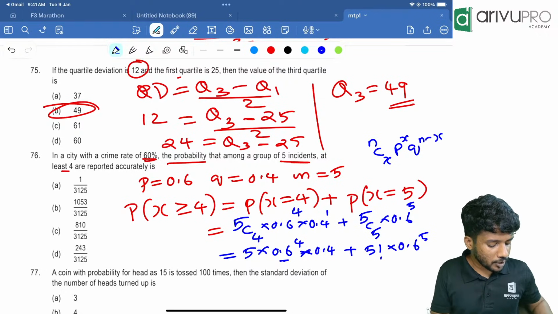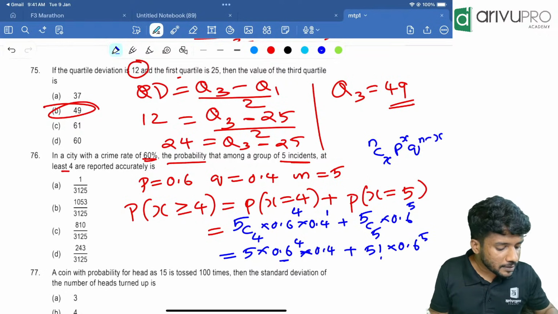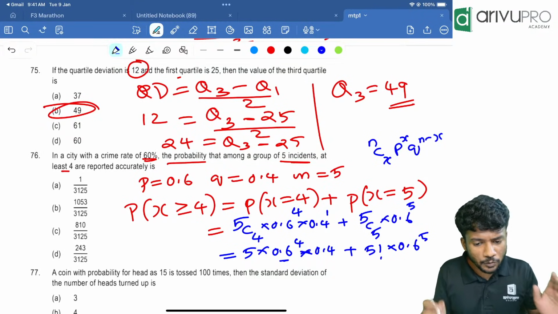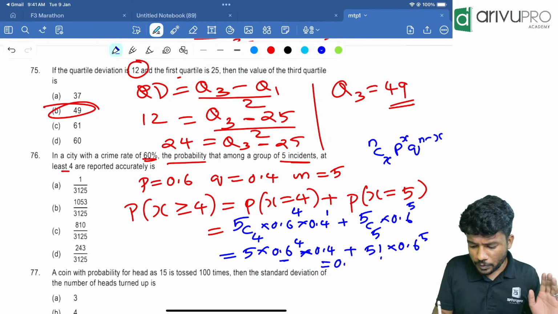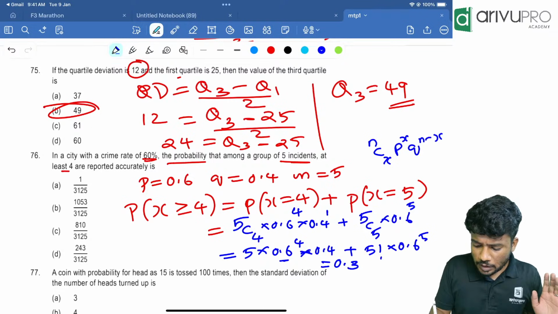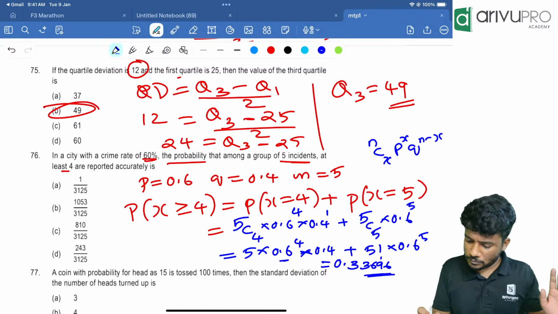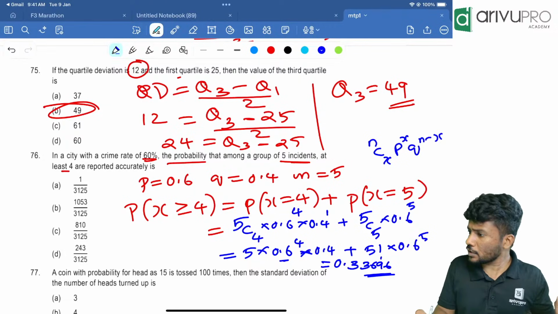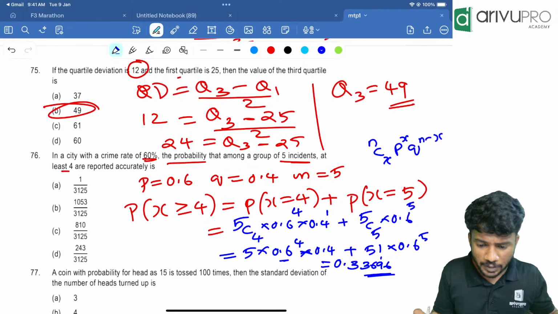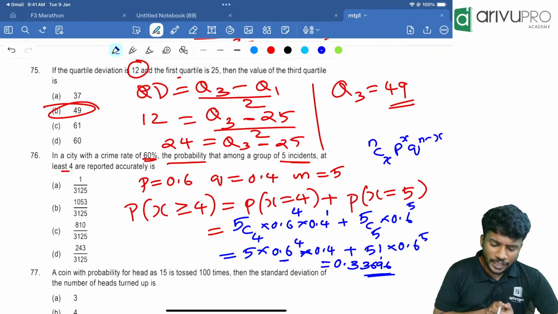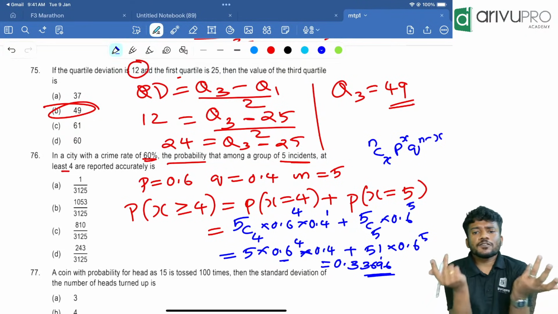Then click M plus, MRC. How much are you getting? You are getting 0.33696. Yes. Now we need to check which option is giving you that answer.